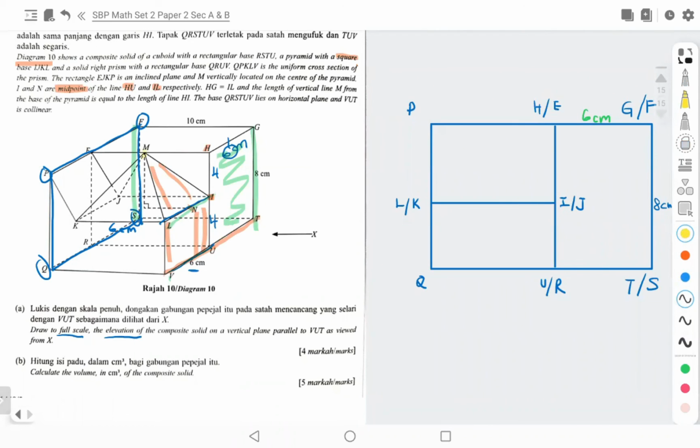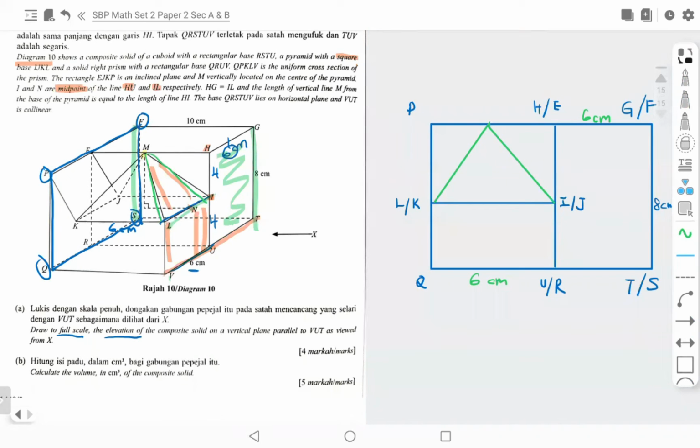Now, since M is the midpoint, so 6 cm, here is 6 cm, right? Then you measure 3 cm, find out the midpoint first. Then you just join to the point at the side. Then you have the triangular shape.